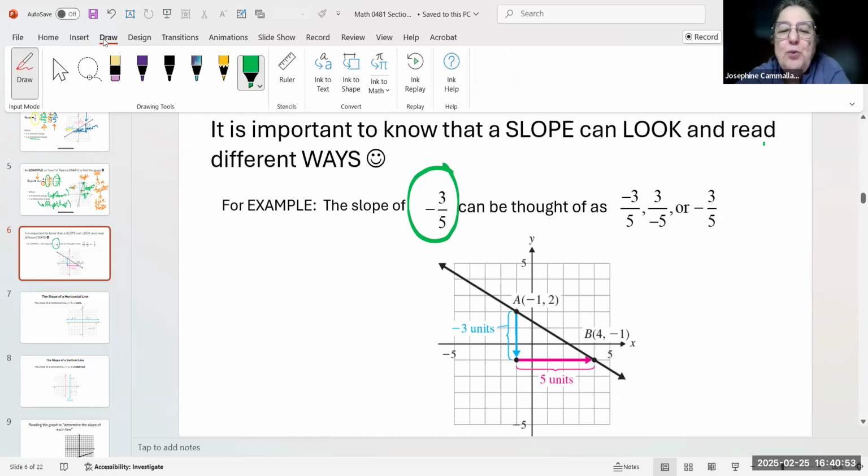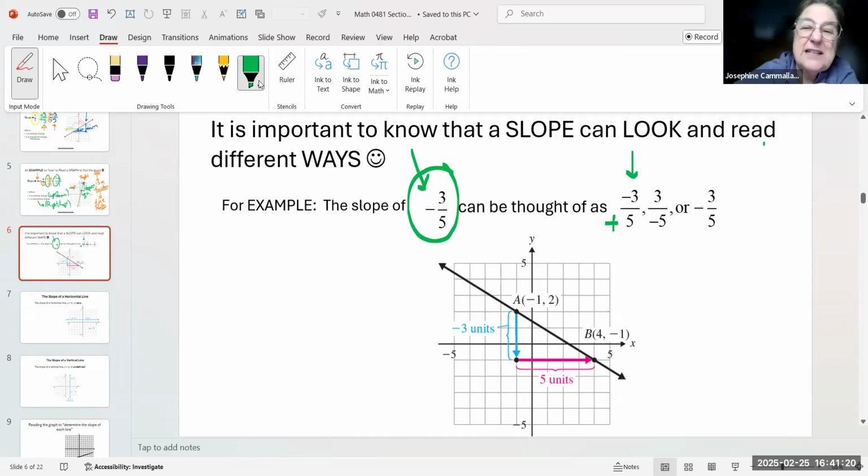The negative is written with the fraction bar. But you have to know that I can bring that negative to the numerator and make 5 positive. And if you think about it, a negative numerator and a positive denominator still makes a negative fraction.